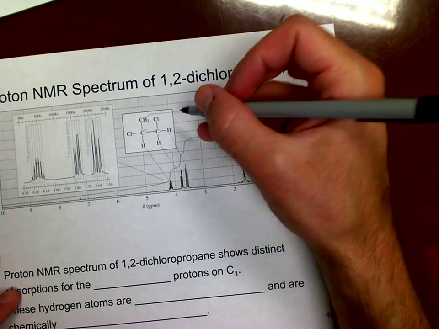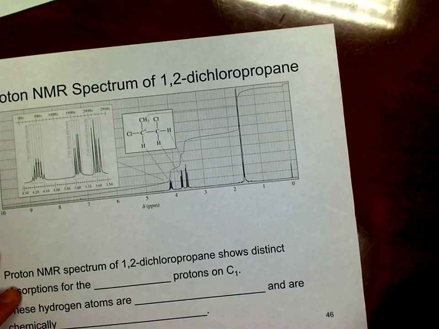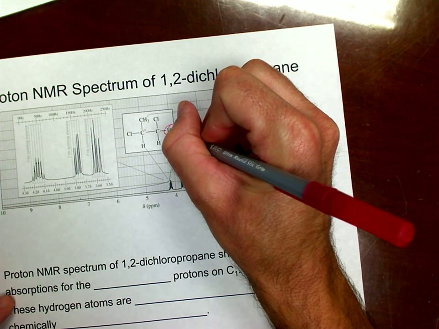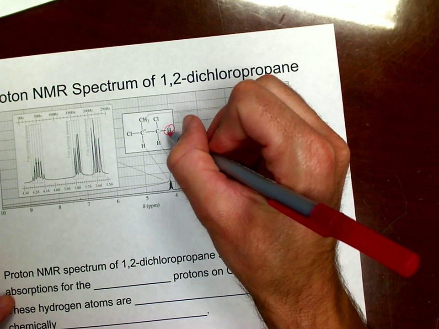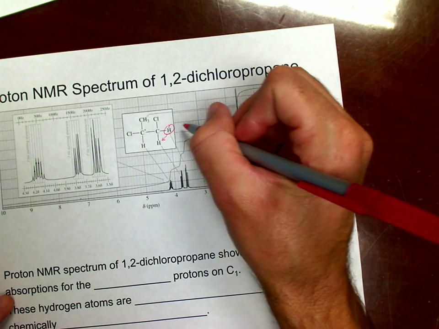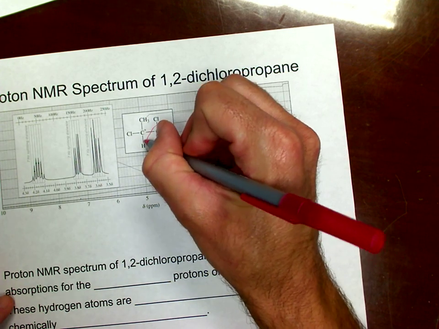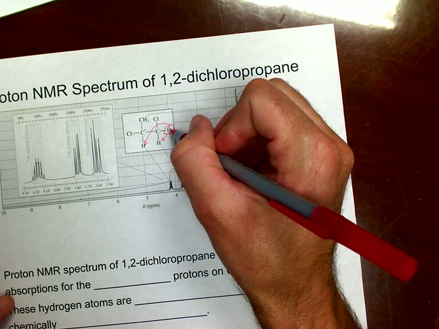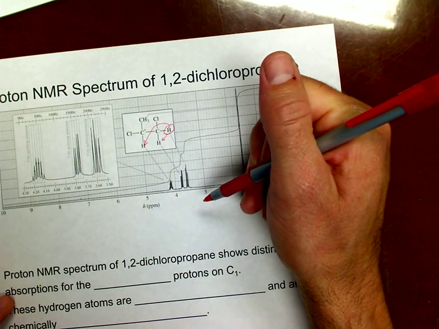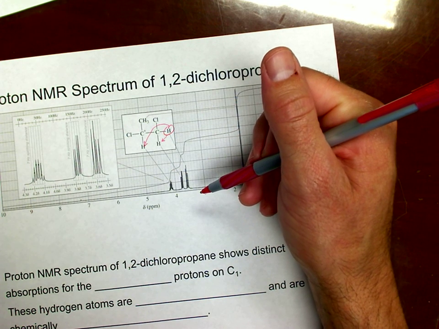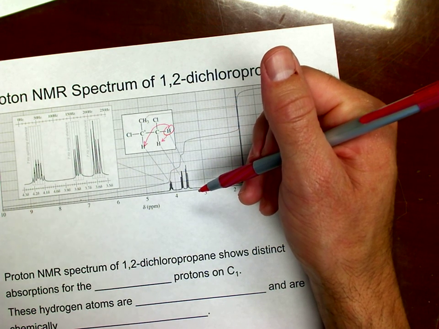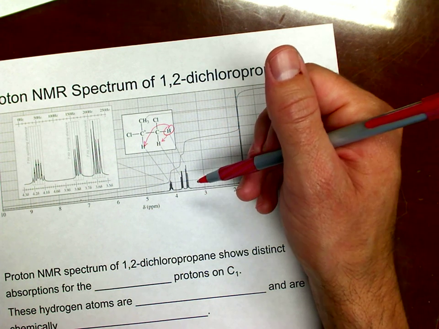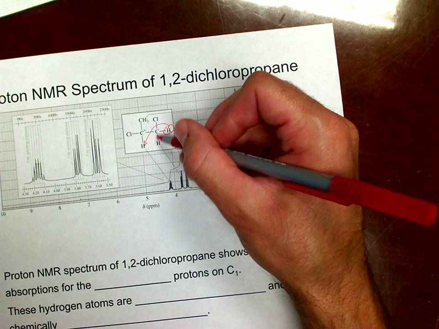If you notice, this proton right here is seeing that proton and that proton. So it has a 2-bond coupling and a 3-bond coupling to other protons. If you go back and look at your coupling constant slide, you would see that non-equivalent geminal alkyl is actually a very strong coupling.